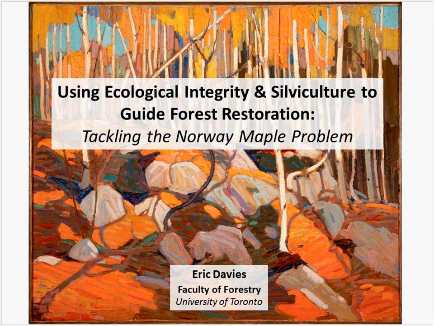Some areas of the Toronto ravines now have over 16,000 board feet of Norway maple per hectare and almost zero natural regeneration of native trees. So this talk will help outline silviculture that can be used to guide the removal of Norway maple that produces the optimal conditions for the regeneration of native tree species.